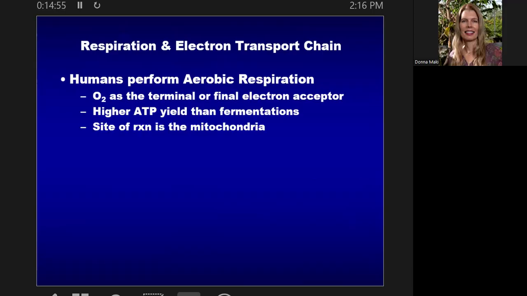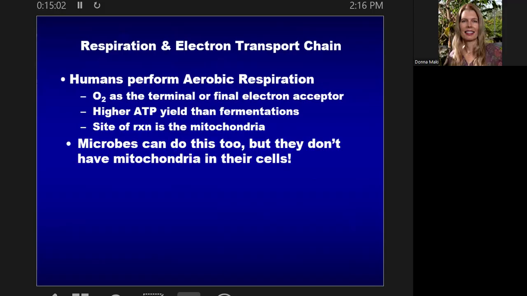We use mitochondria for that, but remember, mitochondria were once free-living microbes. Obviously, microbes don't have mitochondria, but they can still do something very similar to what we do in terms of aerobic respiration, where they can use oxygen as the terminal electron acceptor.